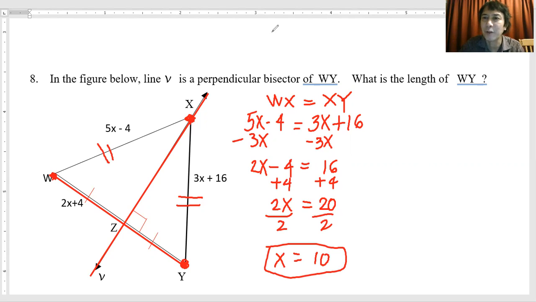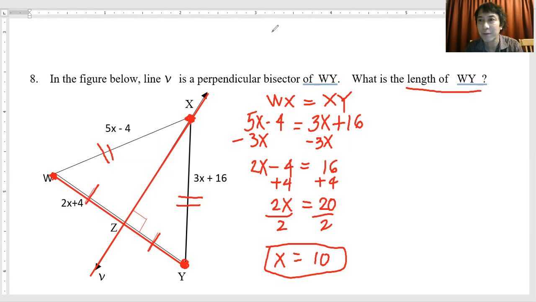We're after the length of WY. Now, how do you get the length of WY? One part, WZ, is equal to the other part, ZY, as seen with the marks over there. That means 2 times WZ is equal to the total.